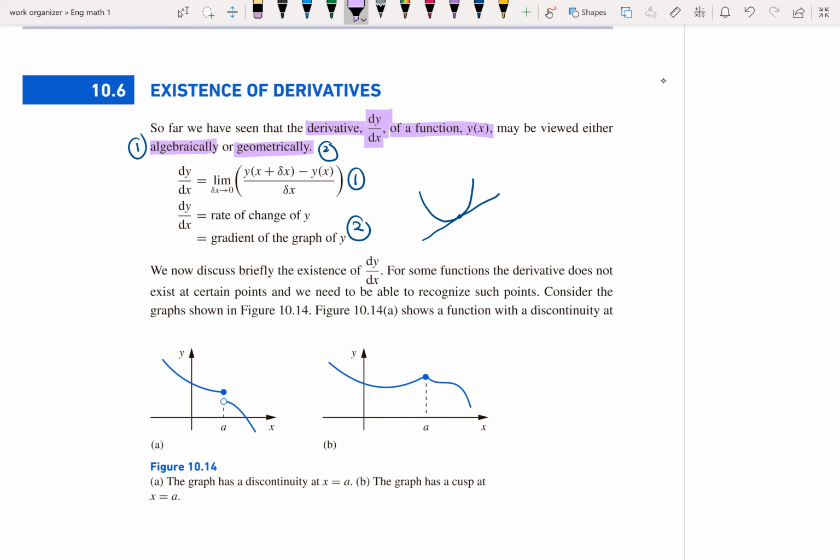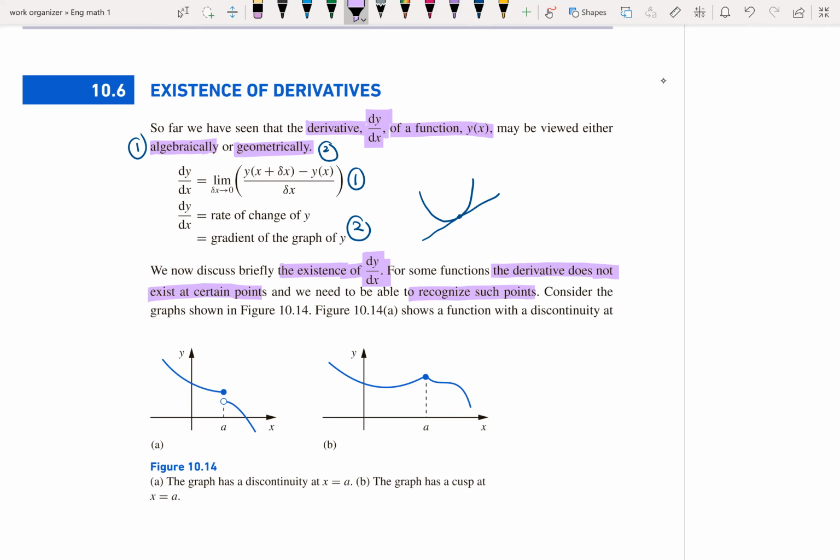Okay, the existence of dy over dx. The derivative does not exist at certain points, and we have to recognize where it does not exist.